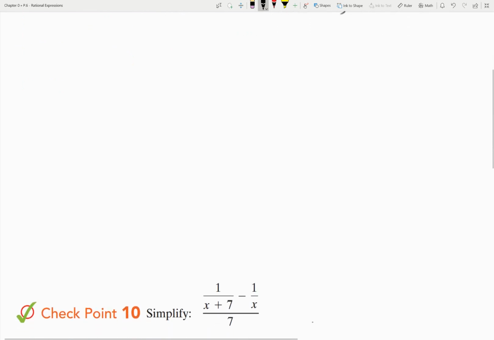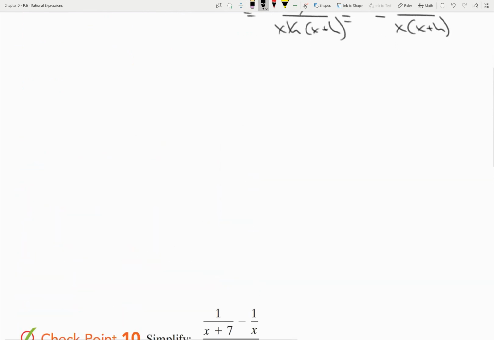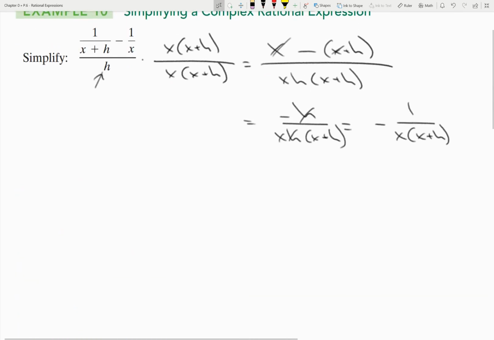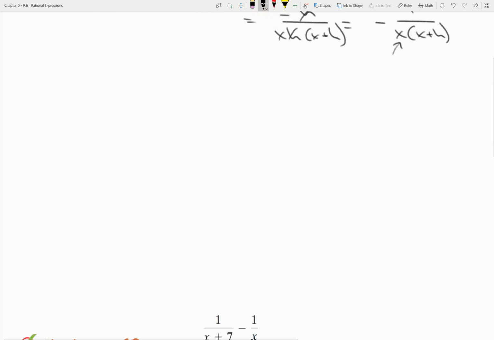If we wanted to plug in a 0 for h, to be more specific, we couldn't before, but now we can. We still can't plug in a 0 for x, but we could plug in a 0 for h.